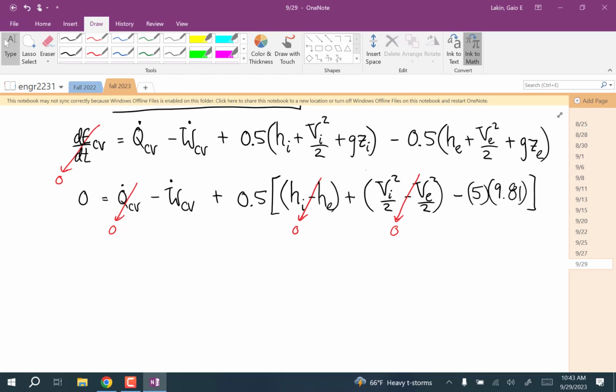Okay, so negative work is equal to 0.5 times positive 49.05. Whoops, I left off the 0.5.